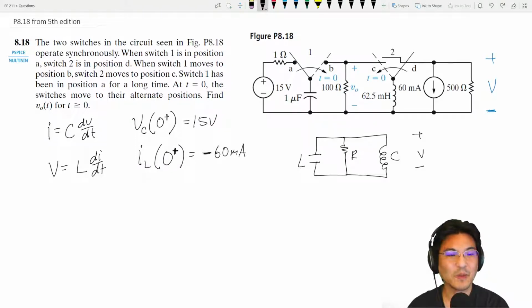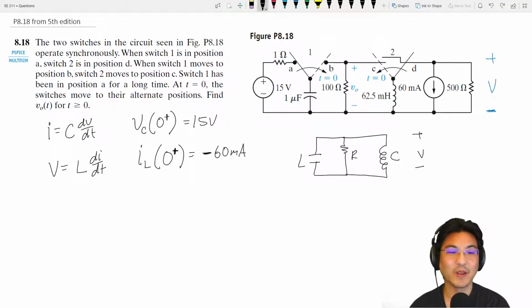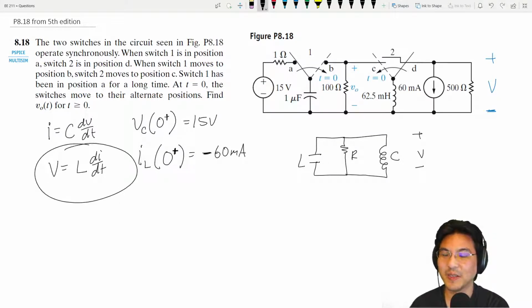All right, so the voltage across here is the same as here, is the same as here, right? They're all in parallel. So then the current gets split up. So the current, just KCL, this current plus this current plus this current equals 0. The current for an inductor, we have the voltage.